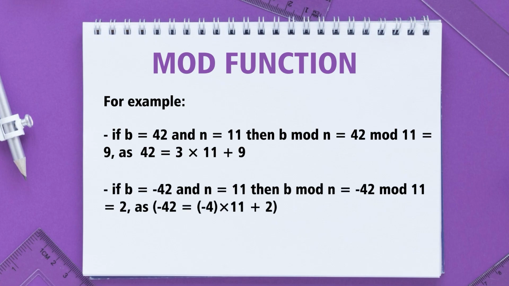And had the value of b been minus 42 and n still 11, in that particular case, what you are going to do? The quotient is going to be minus 4, because minus 44 is less than minus 42.